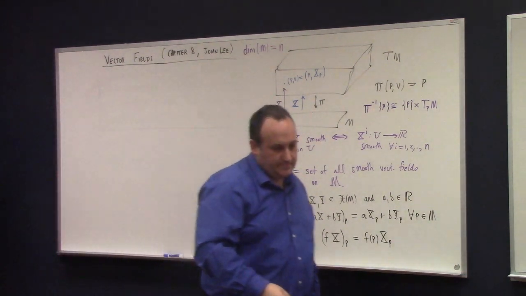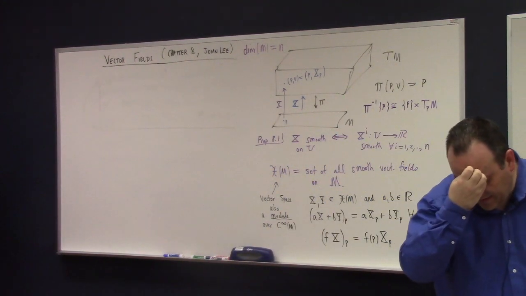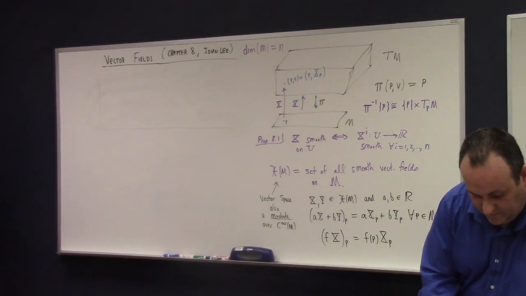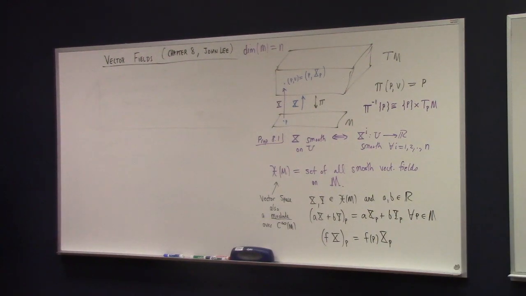Okay, so moving along here. Definition: a manifold with or without boundary which admits a smooth global frame is said to be parallelizable. That's a mouthful.